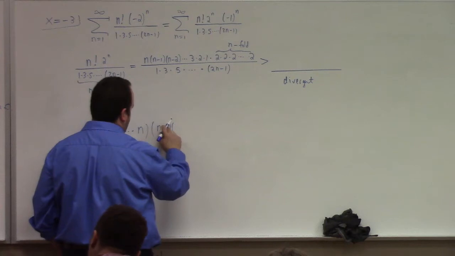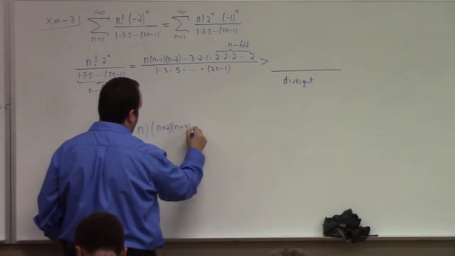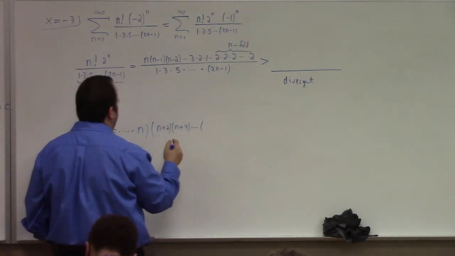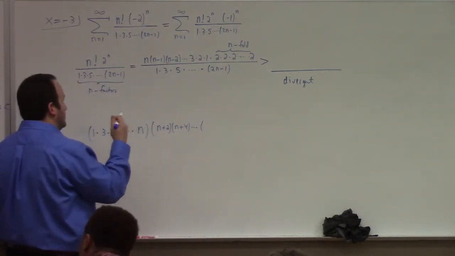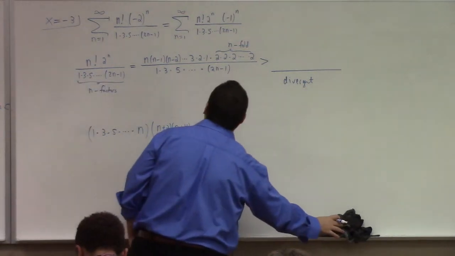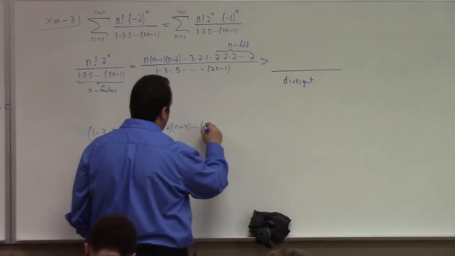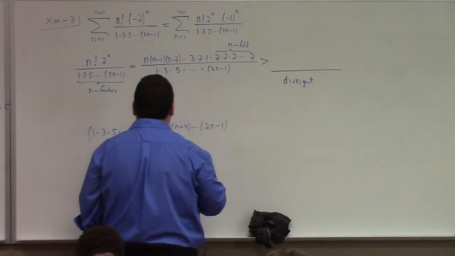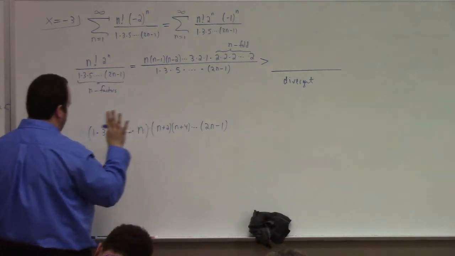Well, n plus 2, right? Oh, that's a different n. Different n. No, 2n minus 1. Fine. So if n is odd, it appears somewhere here in this list, right?